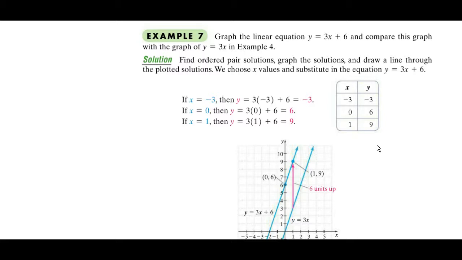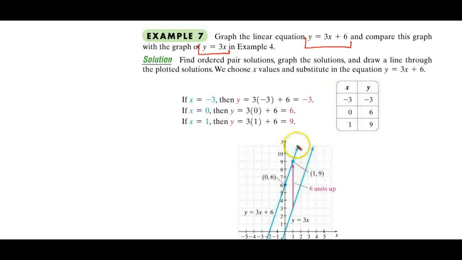Now, here they're giving us 2 graphs, this one and this one, or two equations that we are going to graph on the same axes.